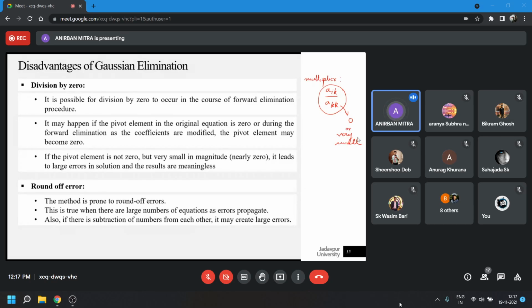Also, you are performing certain subtractions. So along these mathematical, or I should say arithmetic procedures, the errors would be propagated, and it could create very large errors in the final solution. So those two are the negative issues associated with the Gaussian elimination technique.